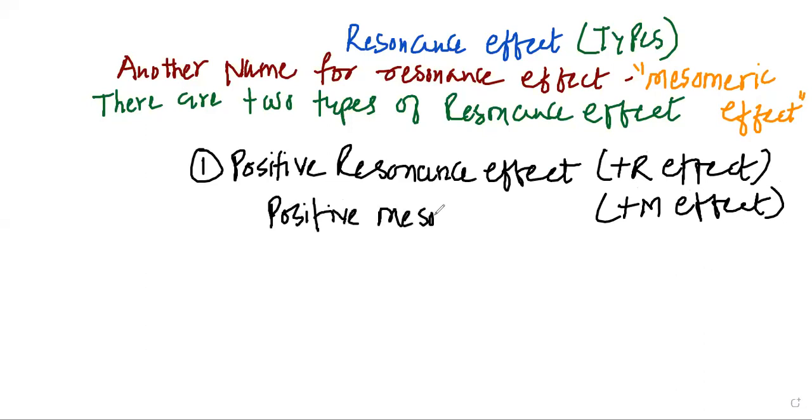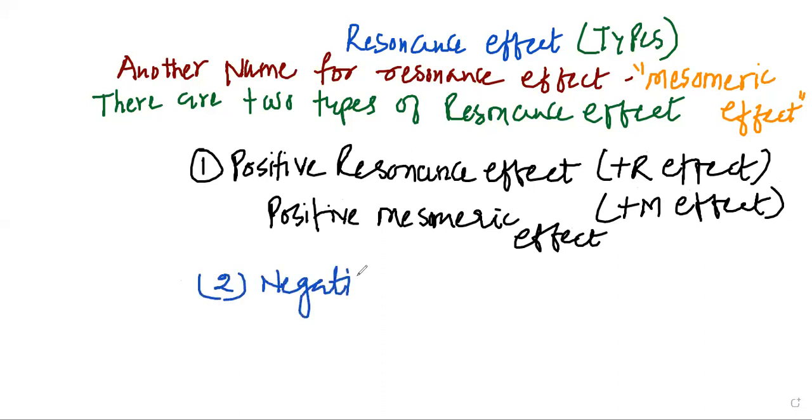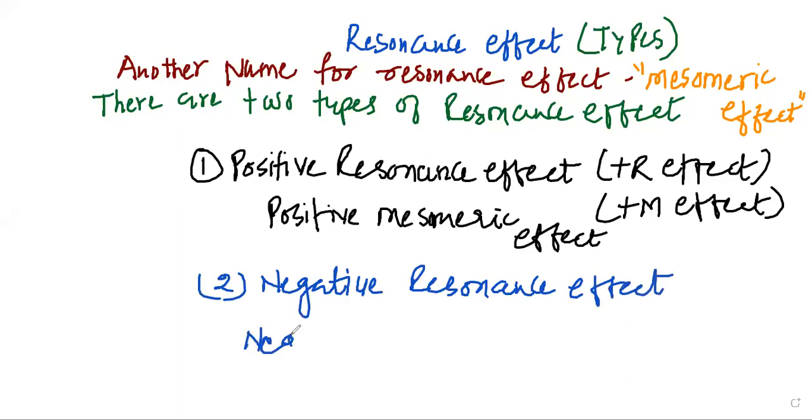The other type of resonance effect is known as the negative resonance effect, or we can write it as negative mesomeric effect.